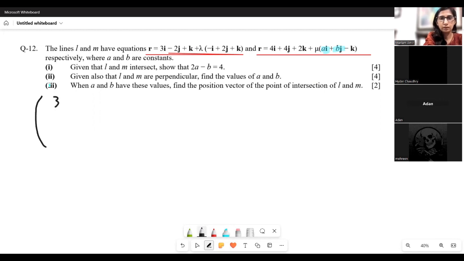3 minus 2, 1 plus lambda. In fact, let me just merge these into one column vector.